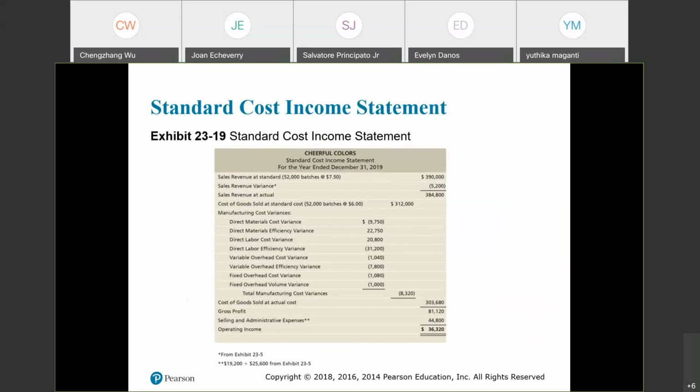At the end of the period, all the variance accounts, which are temporary accounts, are closed to zero out their balance.